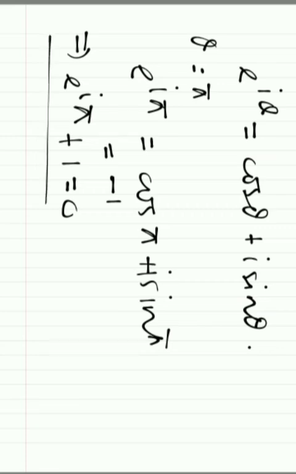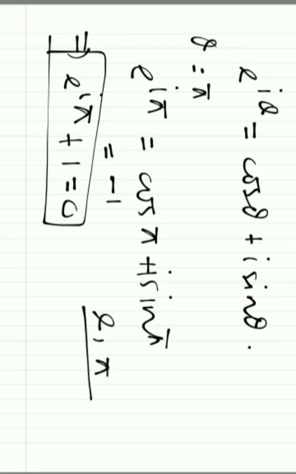So this equation is very important, and it's considered to be the most beautiful equation in mathematics. Why? Because we are having two most important irrational numbers, that are e and pi. It is very difficult to prove that these numbers are irrational, and it will take a couple of pages to prove it.